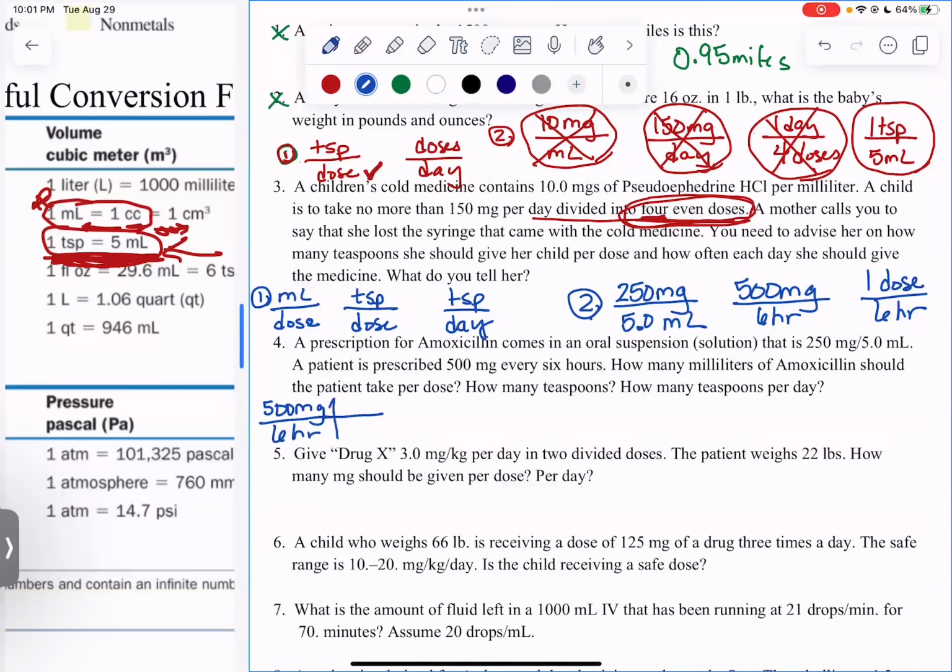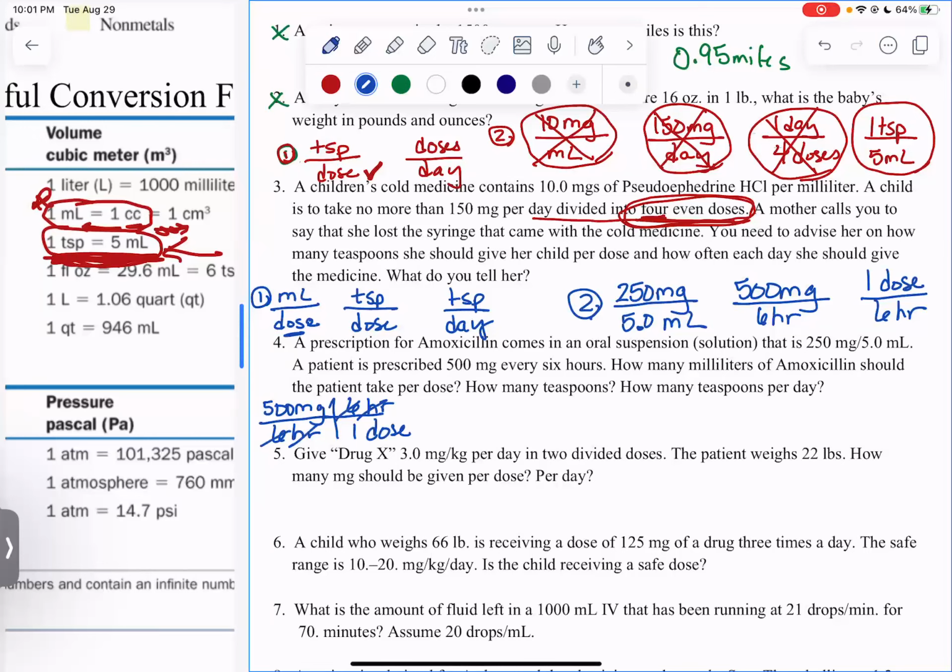Here I need to get rid of hours and go to dose. If hours is on the bottom, I want to put hours on the top so it cancels, and put dose on the bottom. For every 6 hours, that's one dose. So my hours cancel and my 6 cancels. You might have automatically seen that, and that's cool. If you didn't, it's okay.